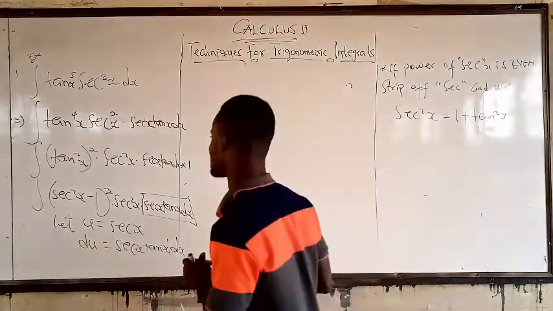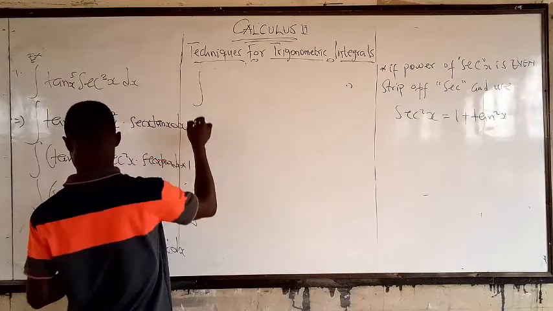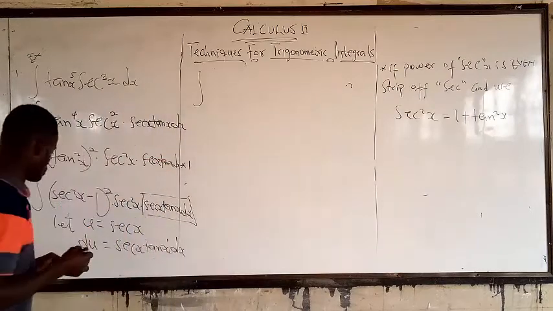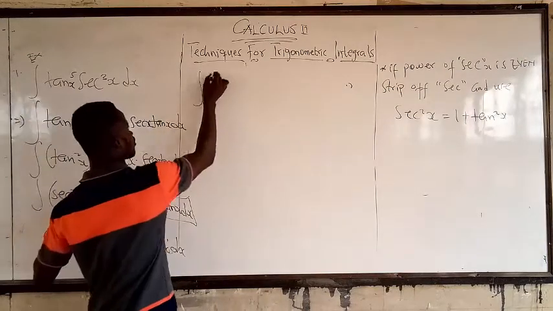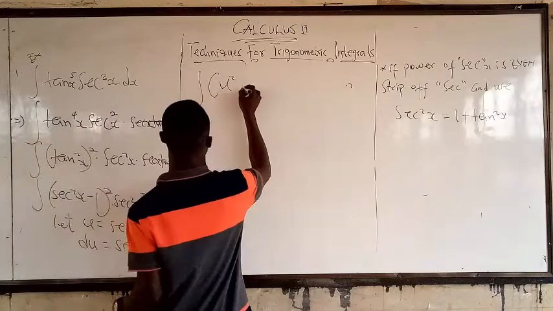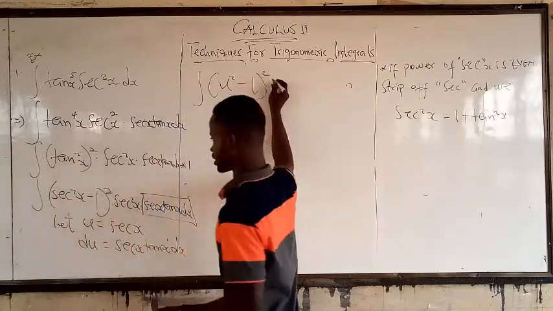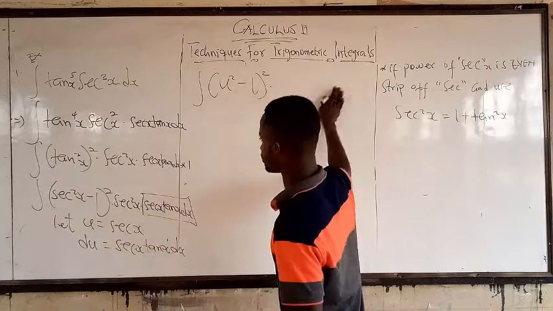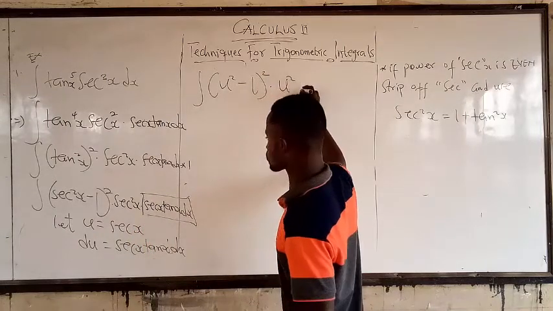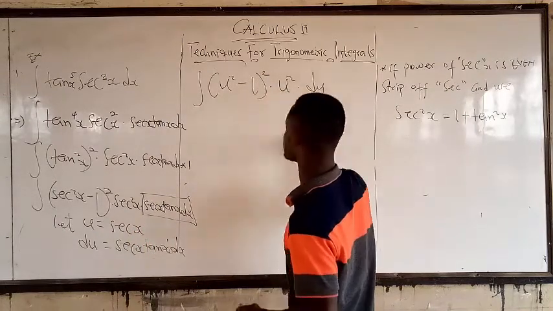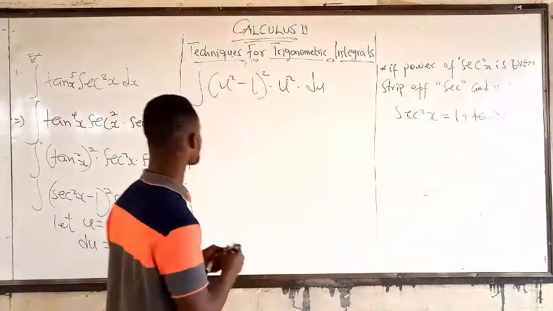So we get here to be u squared minus 1 all squared, u squared, and the whole of this is what? du. Fantastic.